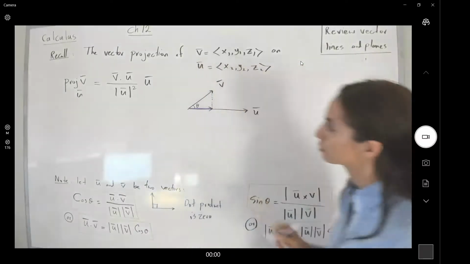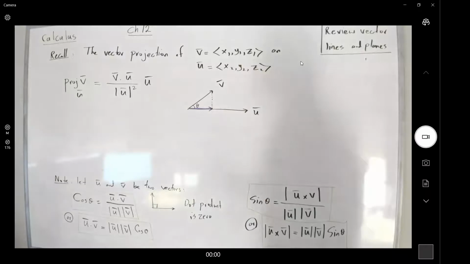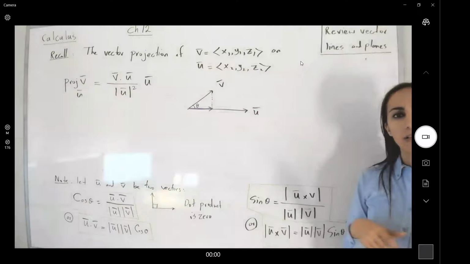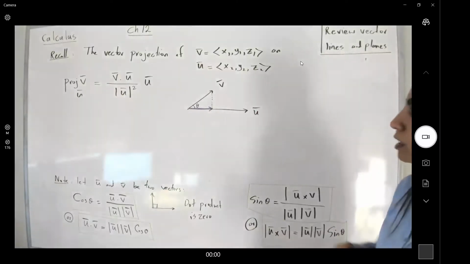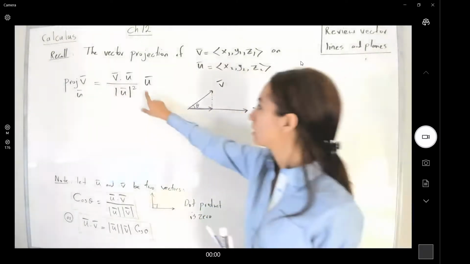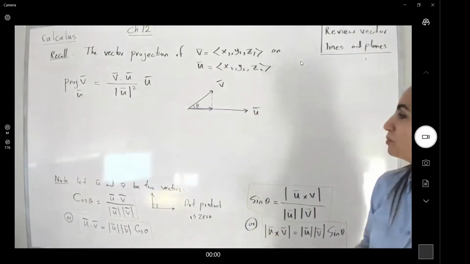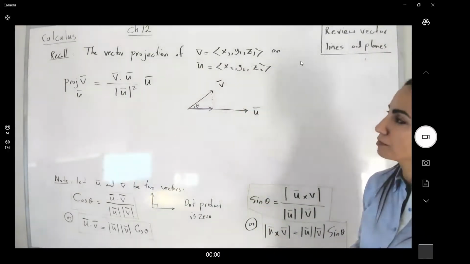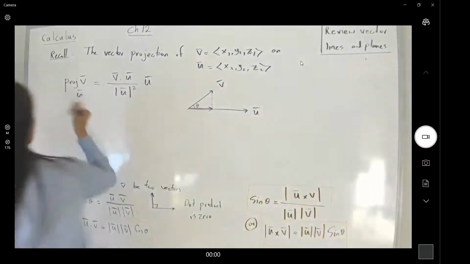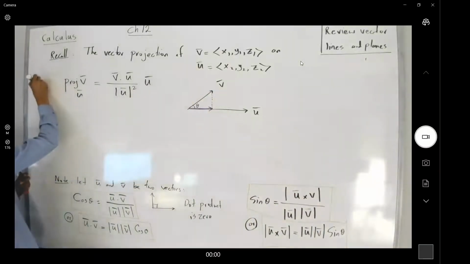This is going to be the projection of V over U. And to find this new vector, you're going to follow the formula V dot U or U dot V, it doesn't matter, divided by the length of U squared times vector U. So the result is a vector.